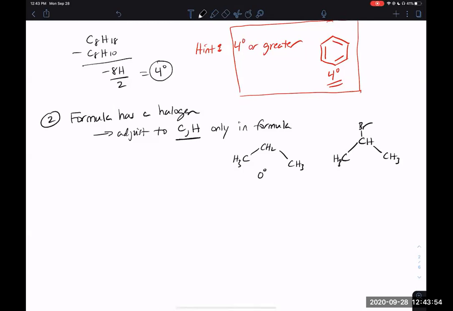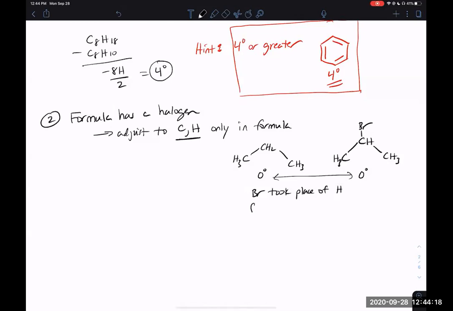The first one was 0 degrees of unsaturation, and the second one is 0 degrees, right? So you can see that when you keep the unsaturation the same but add a halogen, the bromine took the place of a hydrogen.